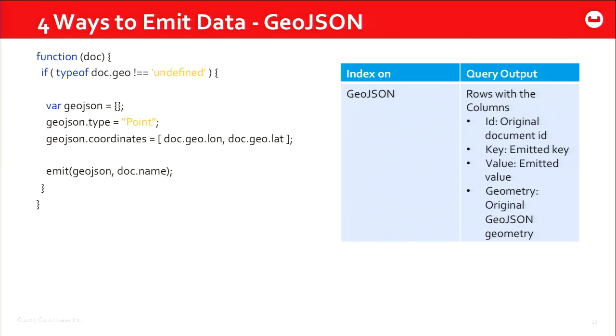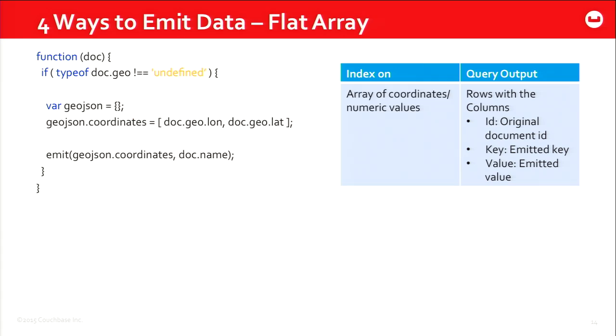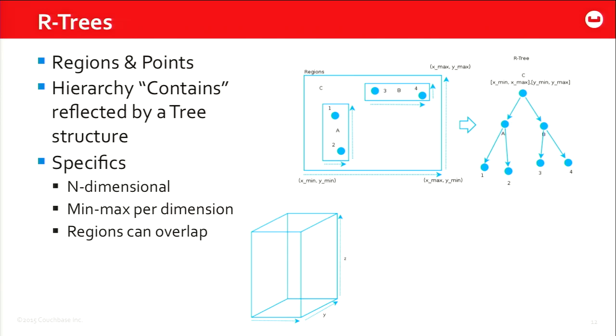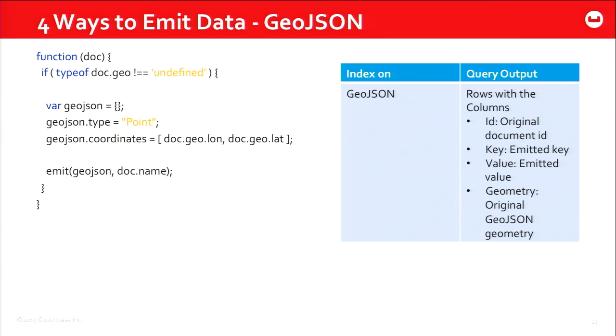Okay, so let's jump from the internals to how to use it. There are basically four ways to emit data into such an index. The first way is to emit a GeoJSON object.